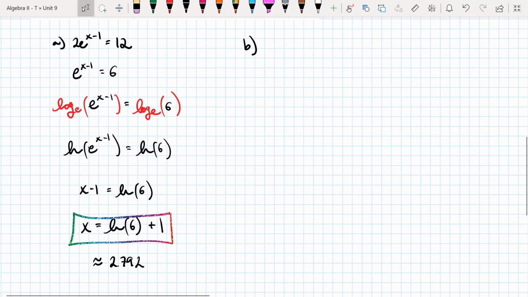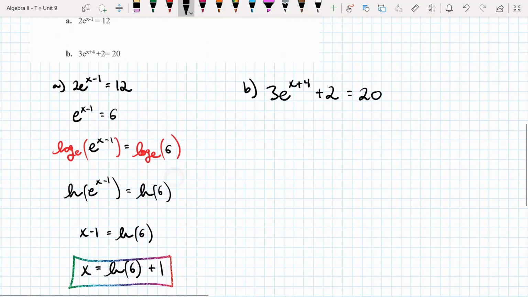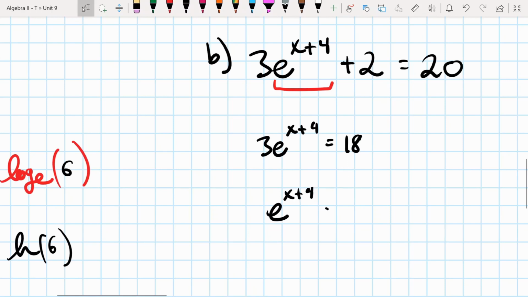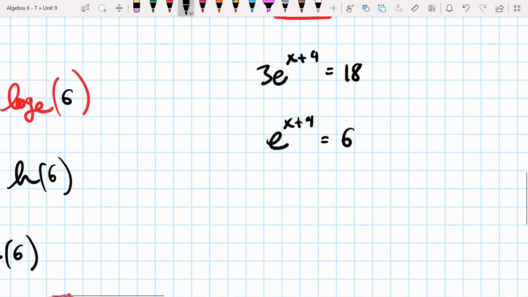Okay, let's do the same thing with letter B over here. So this is 3e to the x plus 4, plus 2, equals 20. Okay. So we're going to isolate this term right here. The first thing we should do is subtract 2 on both sides. After that, let's divide by 3. Now we're going to take the natural log of both sides.